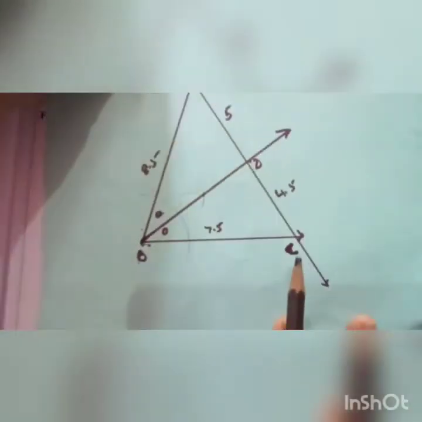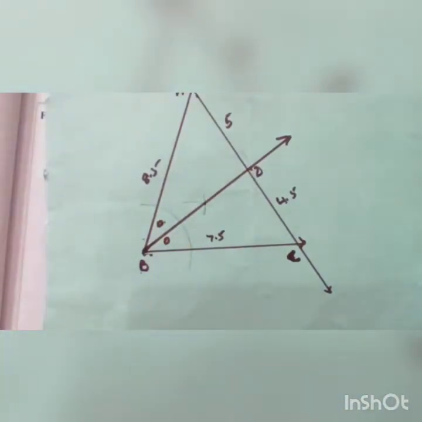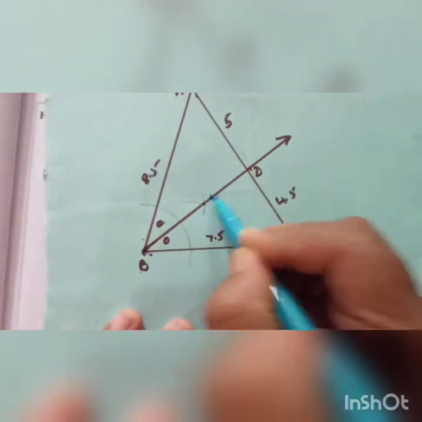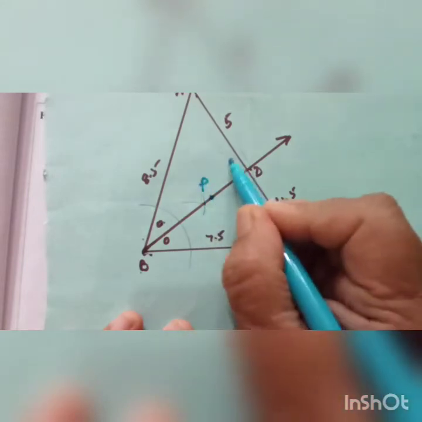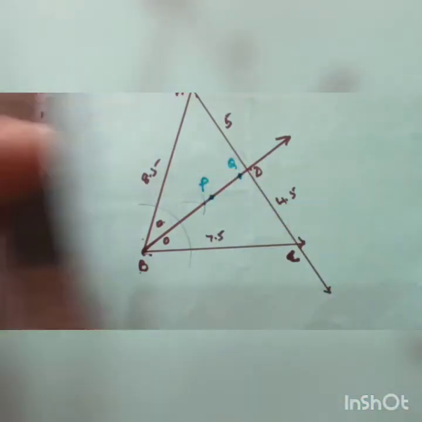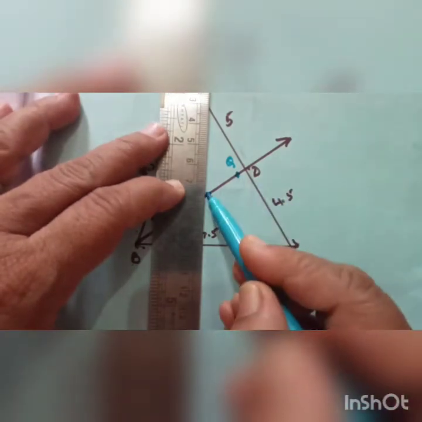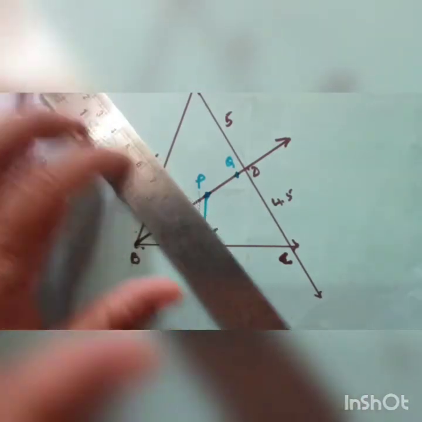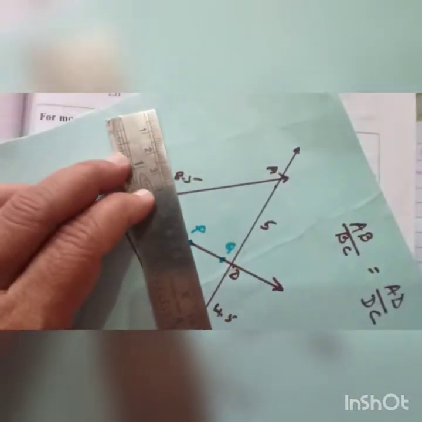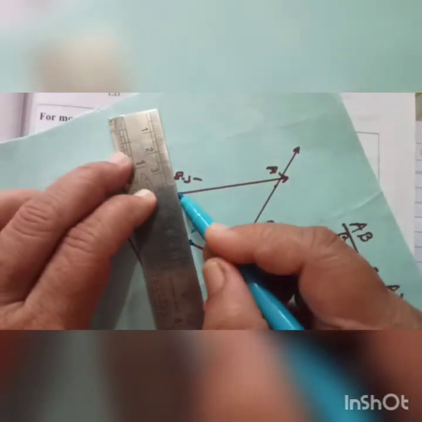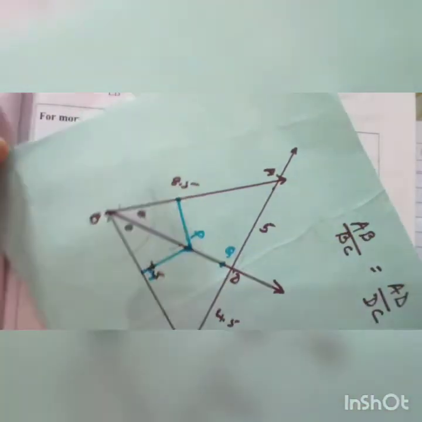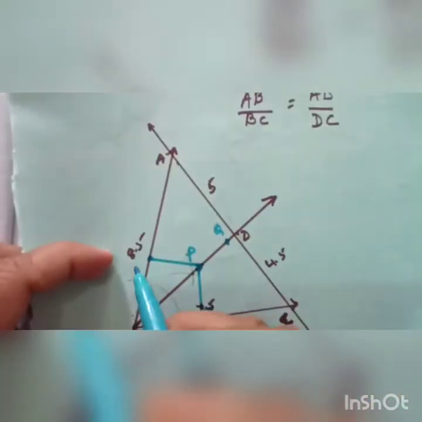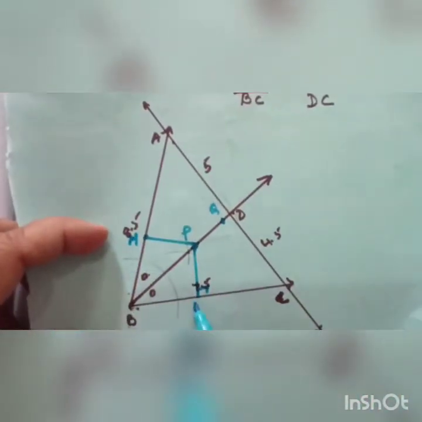Now they have given the property of angle bisector: whenever an angle is bisected, if we take any point on the angle bisector, say P, and we drop a perpendicular from this point on the side of the triangle, and from the point P we will drop a perpendicular on the other side. Now let's call this point M and this N.